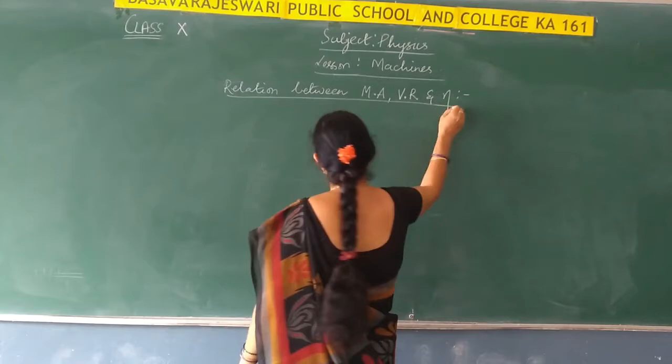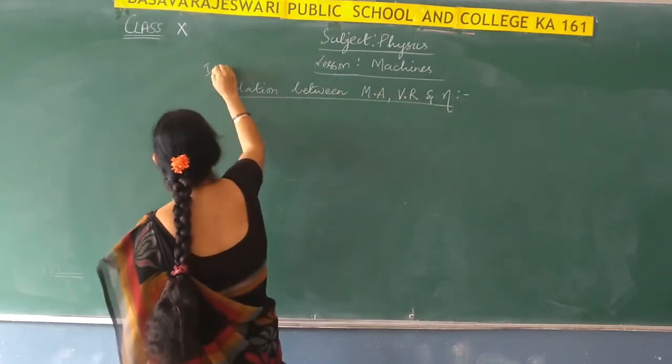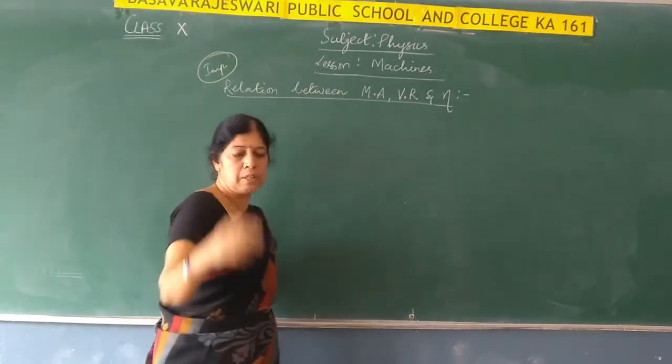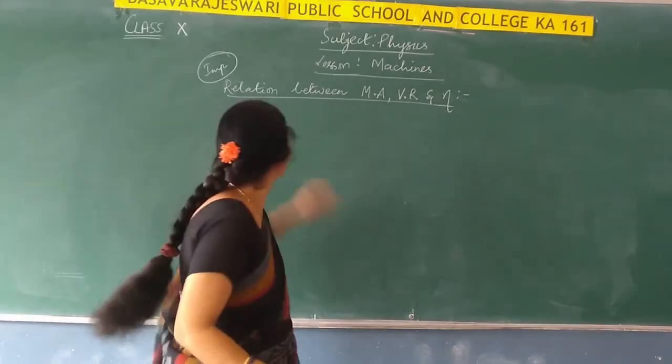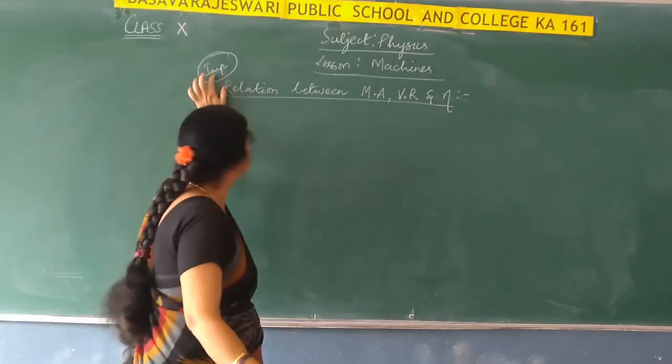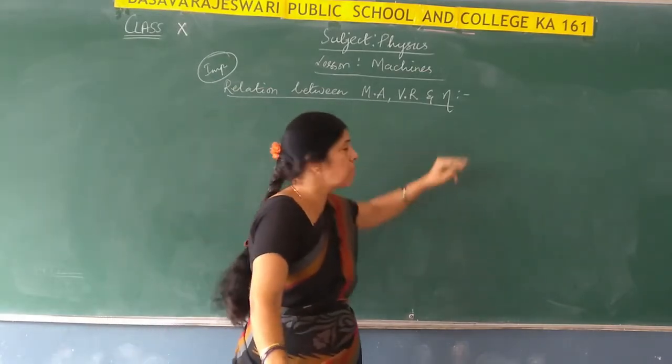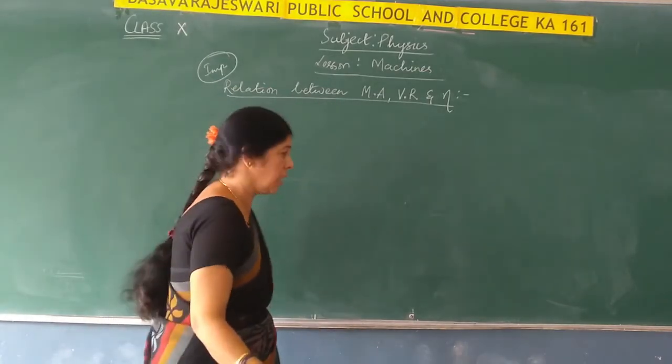So this is a very important derivation. It is there in the syllabus also. You can just refer to the further reduced syllabus. According to the further reduced syllabus, you have to learn the relation between mechanical advantage, velocity ratio and efficiency.